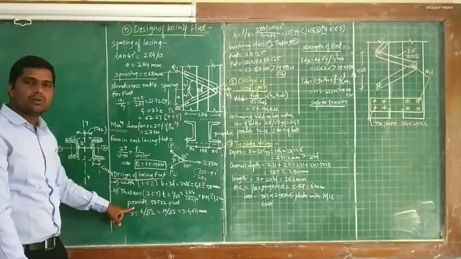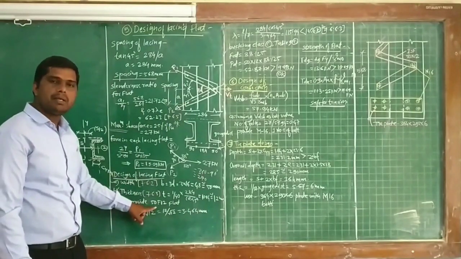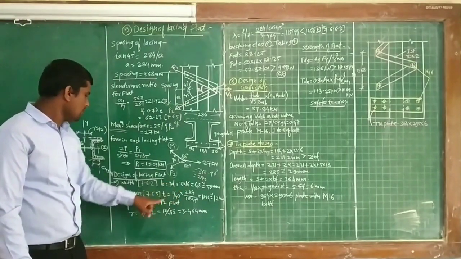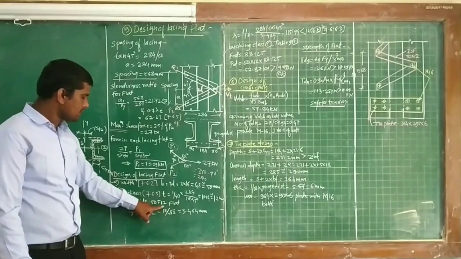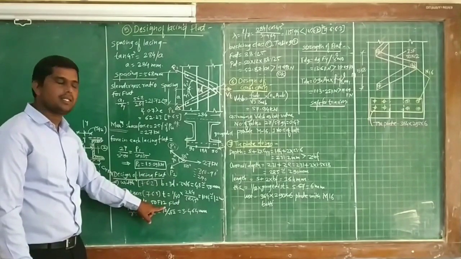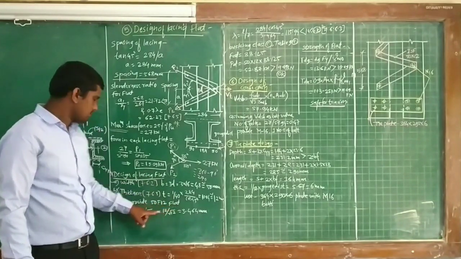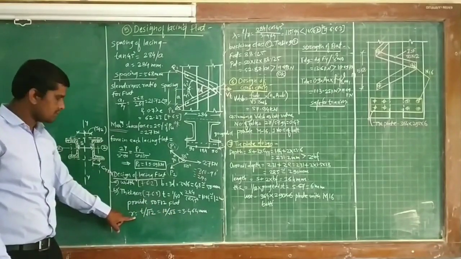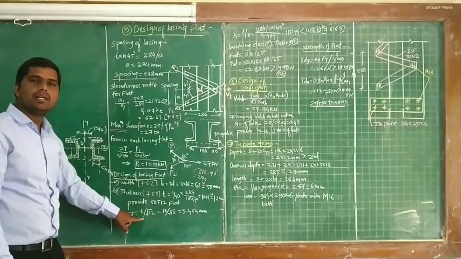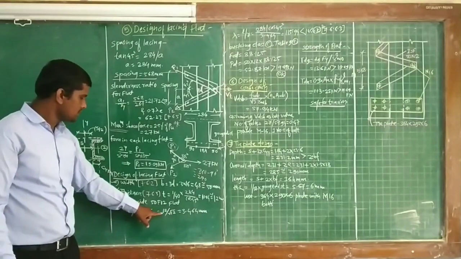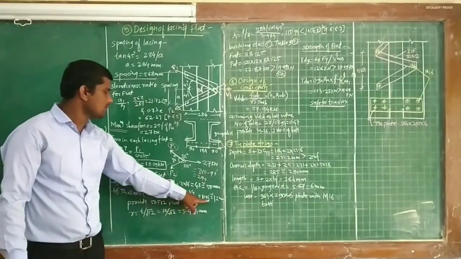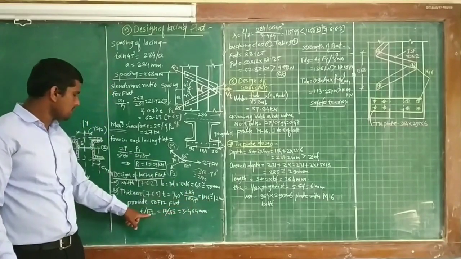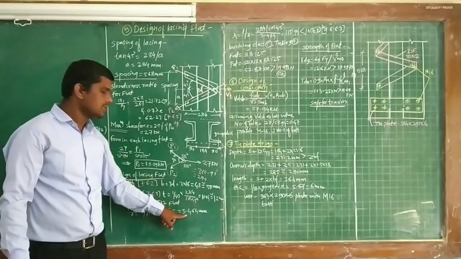Then we are going to provide a 50 mm width of lacing flat and 12 mm thickness. Then here we are going to find out the radius of gyration r, equal to t divided by root 12, which is 12 mm, the thickness of this flat plate, divided by root 12.